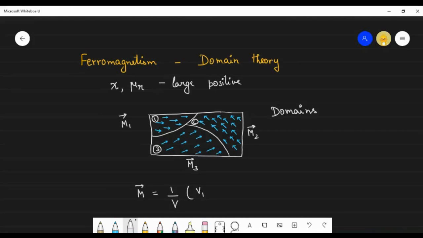V1 is the volume of region 1, divided by V, where V is the sum of the three volumes, V1, V2 and V3 respectively. So the net magnetization would be the weighted average of the magnetization of different domains.